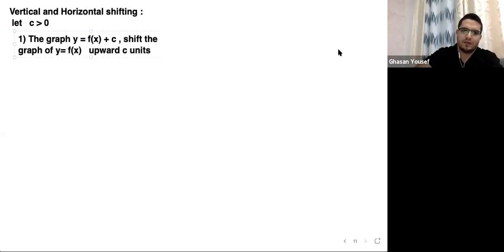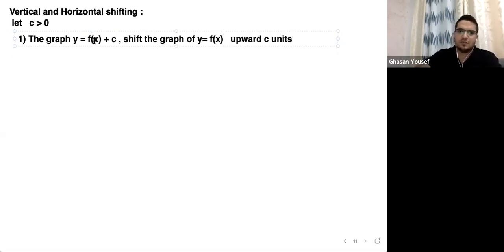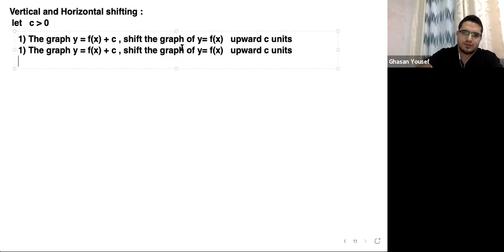So to graph the function y equals f of x plus C, we first graph the function y equals f of x, then we shift it C units upward. The same thing applies if I want to shift downward.